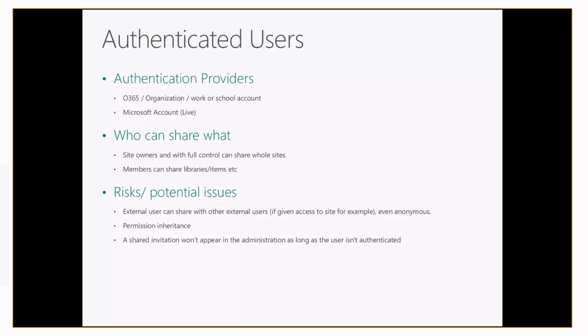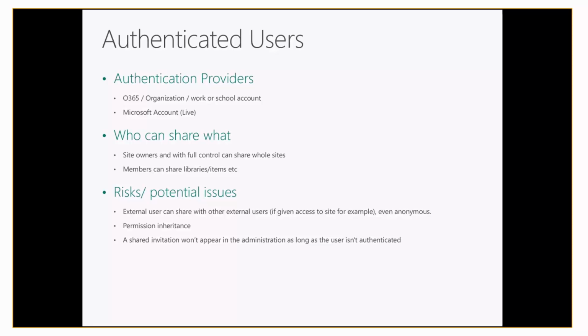And the members can also share libraries and items. There are some differences between authenticated users and anonymous users, as we will see in the future. Problems with authenticated users and things that you need to be on the lookout for.